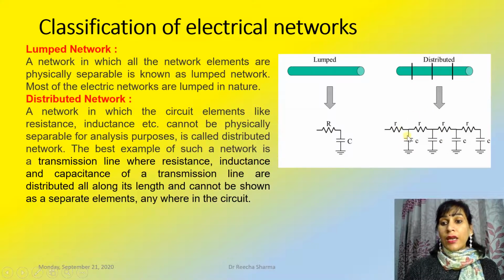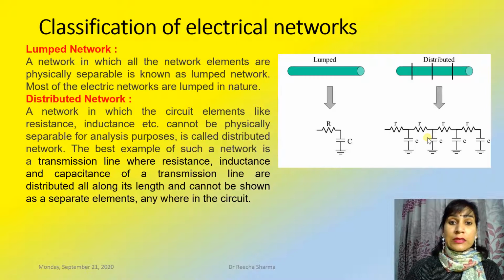In a transmission line we have different designs. Here we have the resistances and capacitances connected in a pi connection. If we want to separate out these components, we cannot. We have to measure all the values collectively. So in distributed networks we cannot separate out the elements of the circuit.